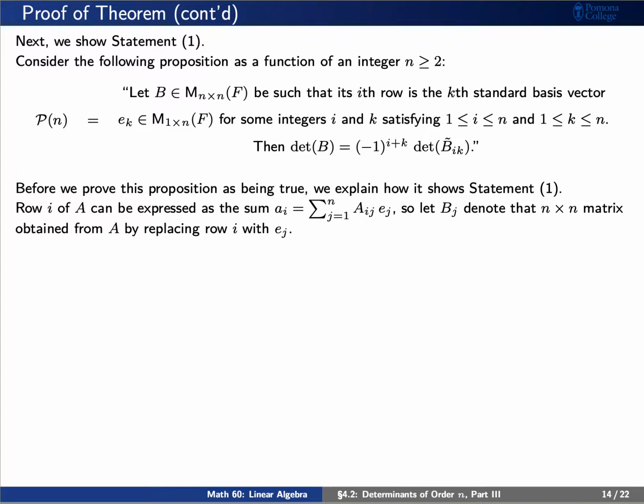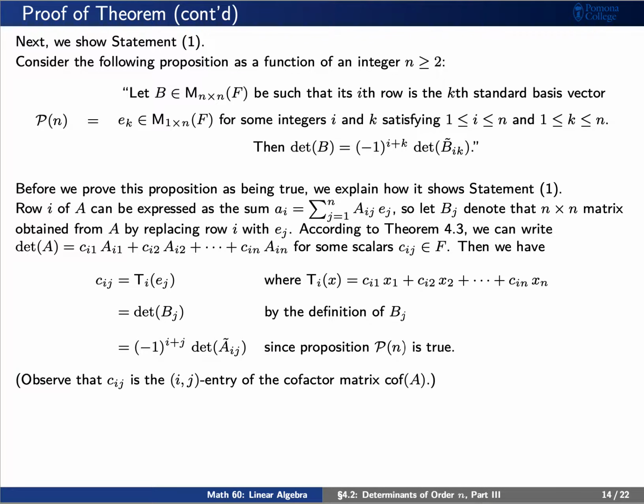Remember that capital Aij is the entry in row I, column j of our matrix A. Let's let B sub j denote that n by n matrix obtained from A by replacing row I with the jth basis vector E sub j.